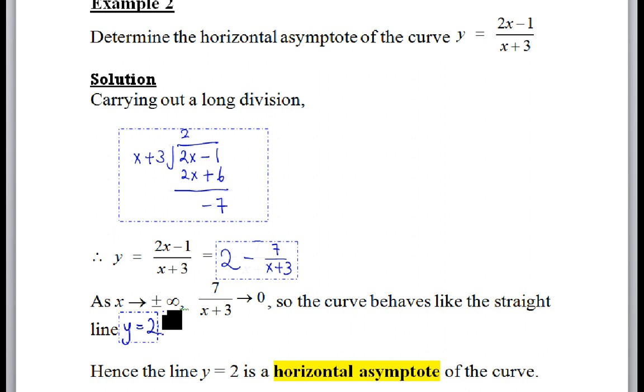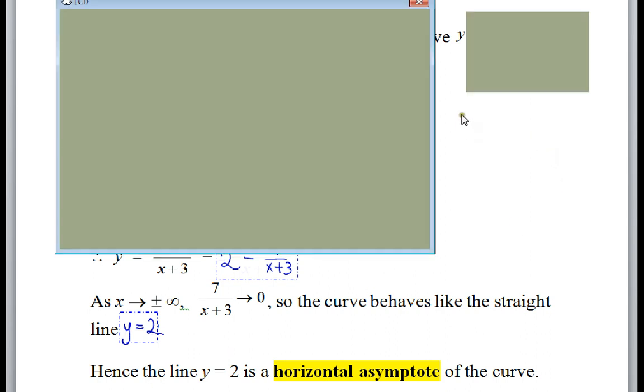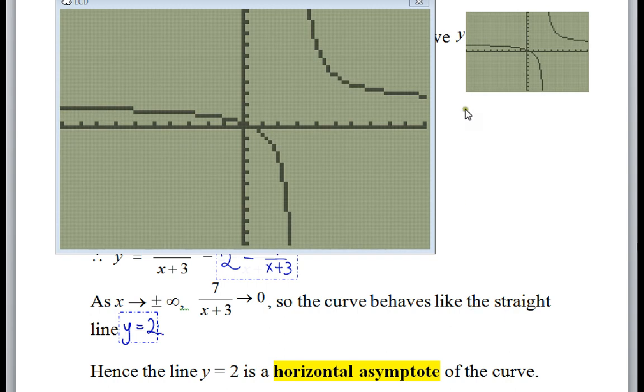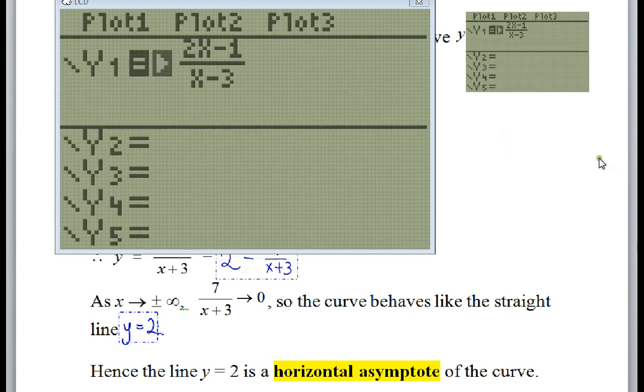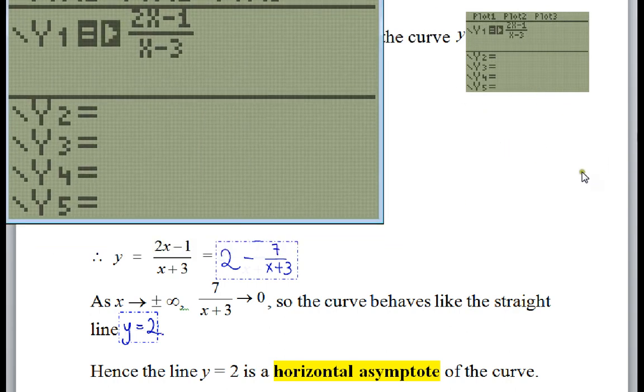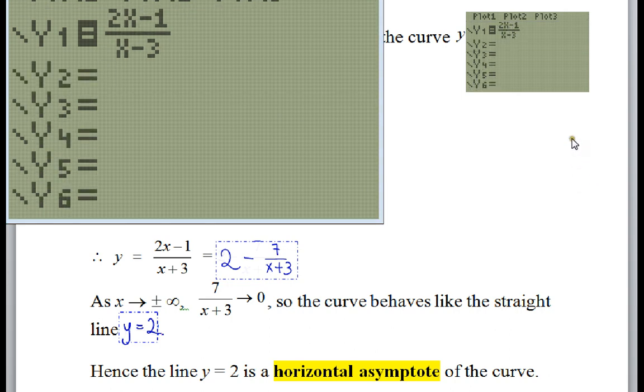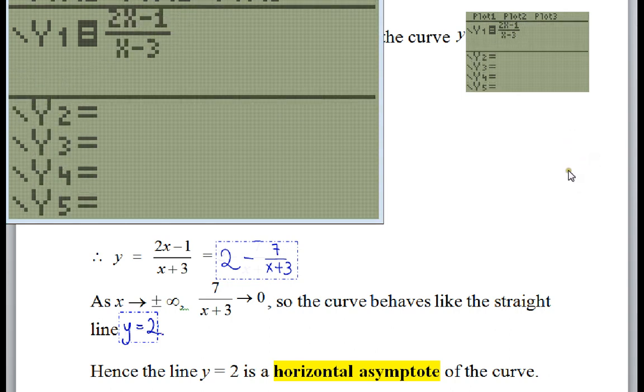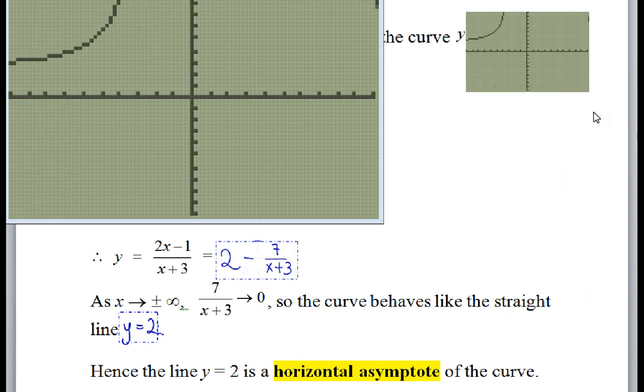Okay, maybe without a sketch you may not quite get what I mean. Never mind, let's use a sketch here. (2x minus 1) over (x plus 3). All we are saying is, you sketch.